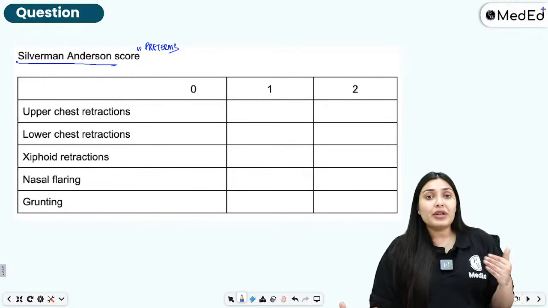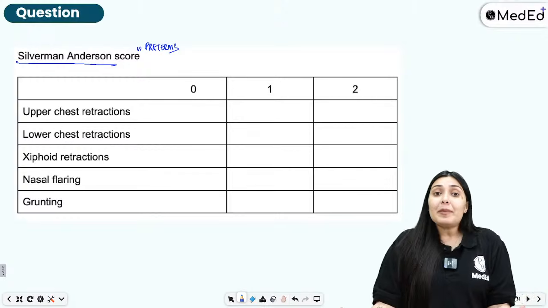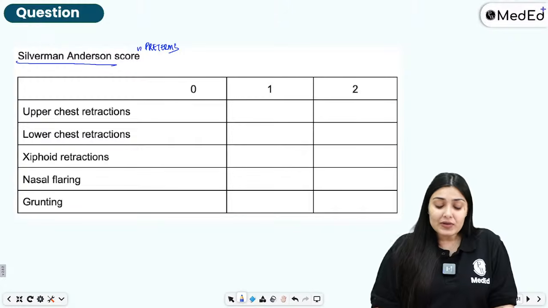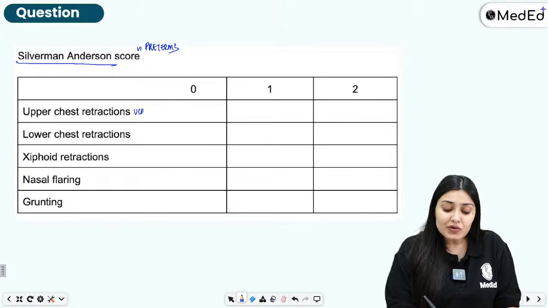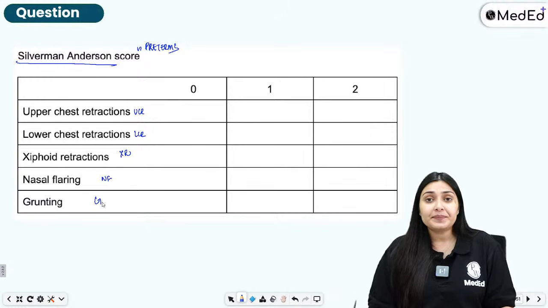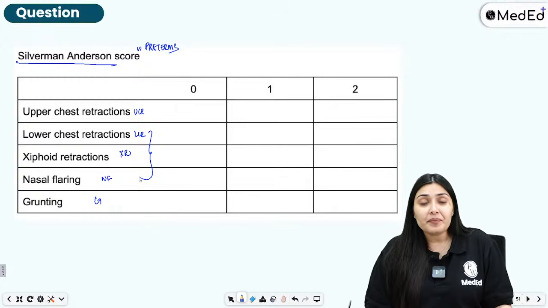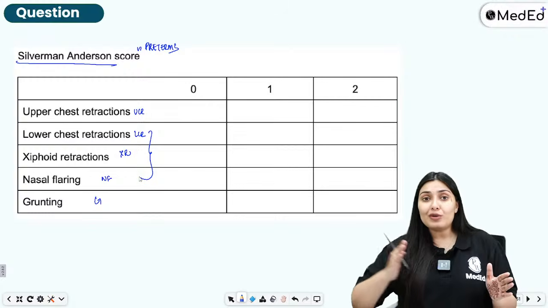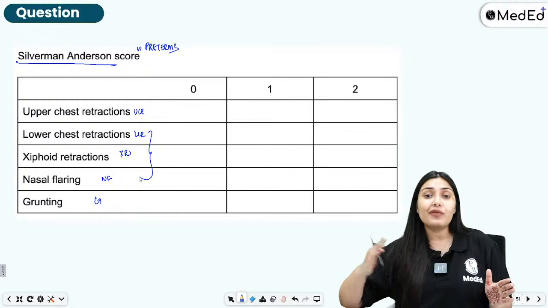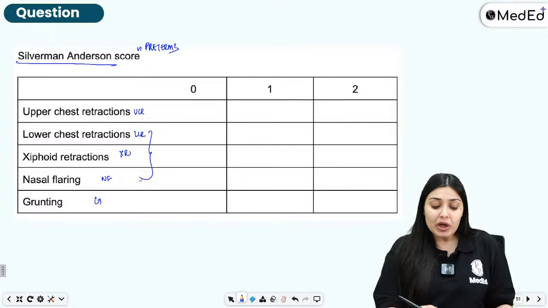So what are the components over here? In the Silverman score, we have 5 components: upper chest retractions, lower chest retractions, xiphoid retractions, nasal flaring and grunting. These three are very easy to remember. As we go from 0 to 2, the severity of distress increases.